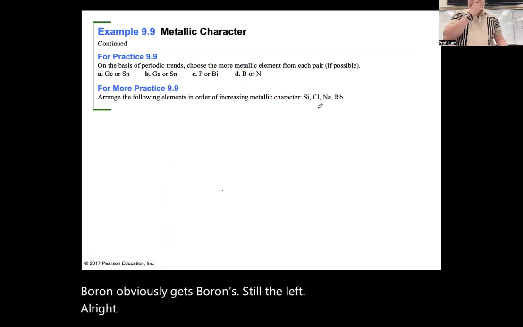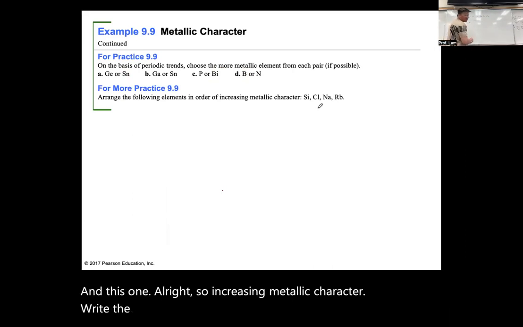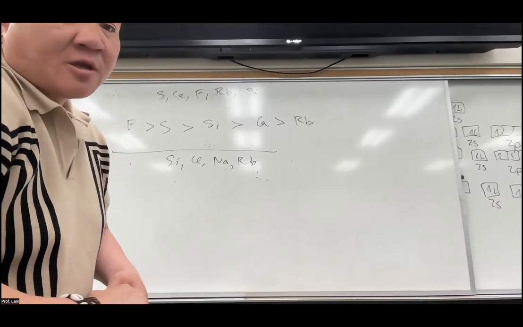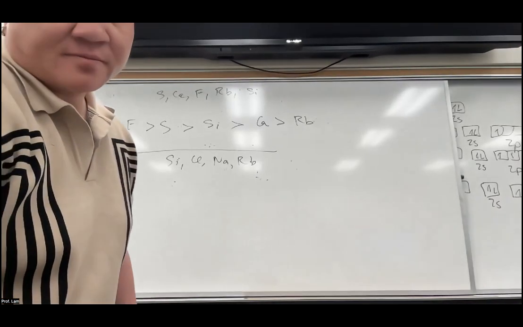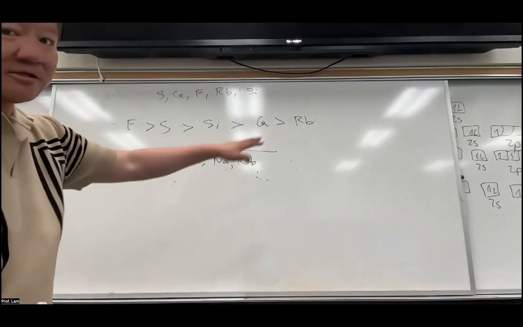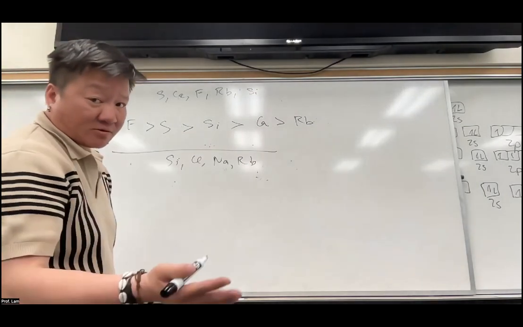And this one. All right, so increasing metallic character. The atoms are silicon, Cl, sodium, and rubidium. There's definitely a method to this. When you're doing metallic character and it wants it in increasing order, lowest metallic character to highest, first divide it into metals and non-metals.